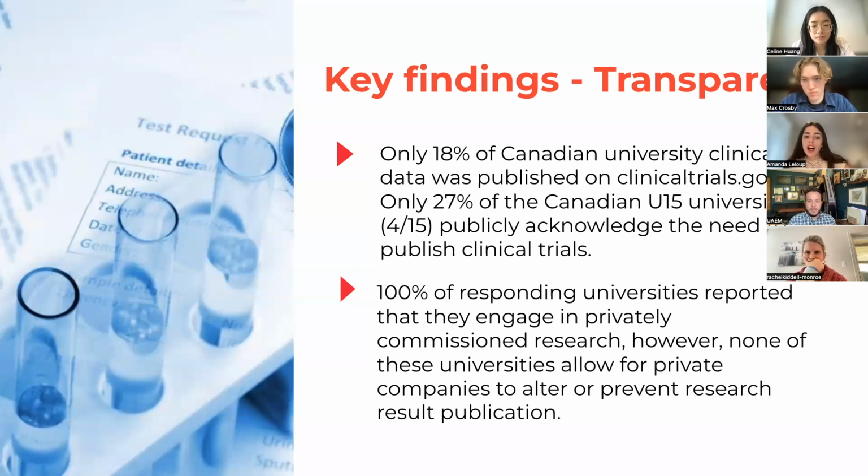Furthermore, financial conflicts of interest are also proven to have a statistically significant effect on the research results. And it is thus crucial for the U15 universities to have policies that forbid allowing companies to influence publications in this manner.